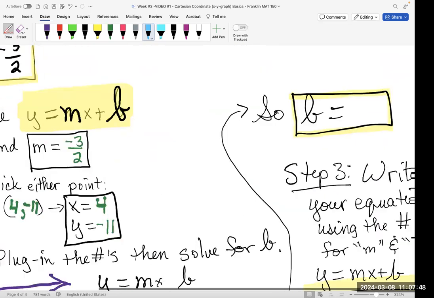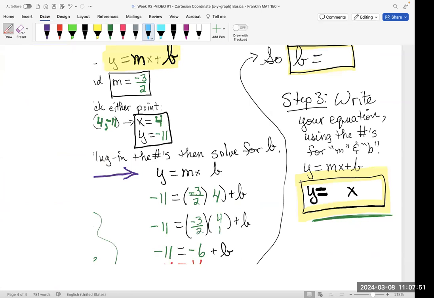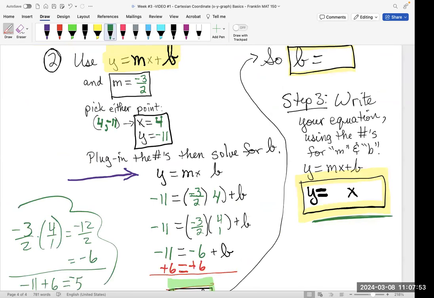So the final part, step 3, write the equation. b is -5. m is -3/2.